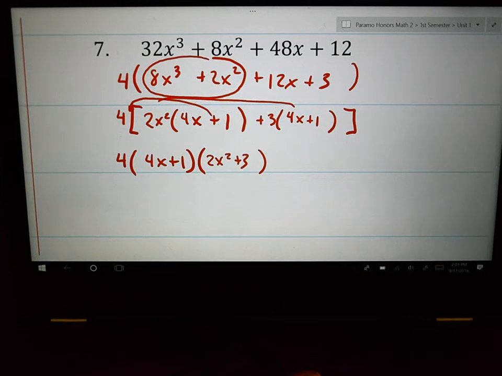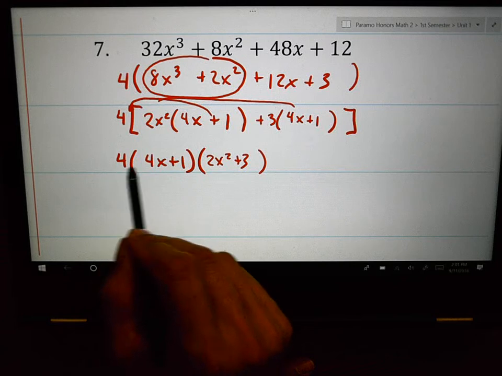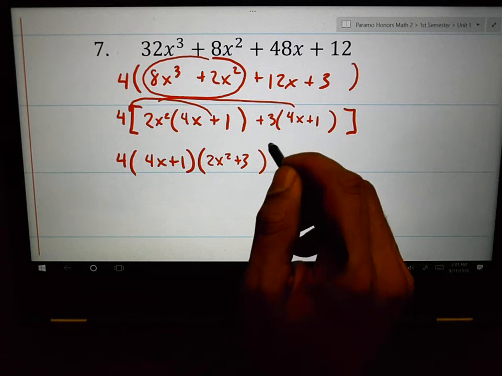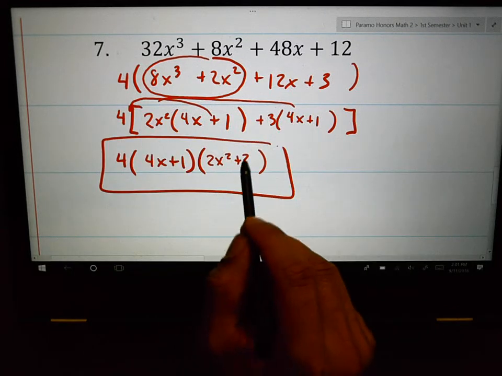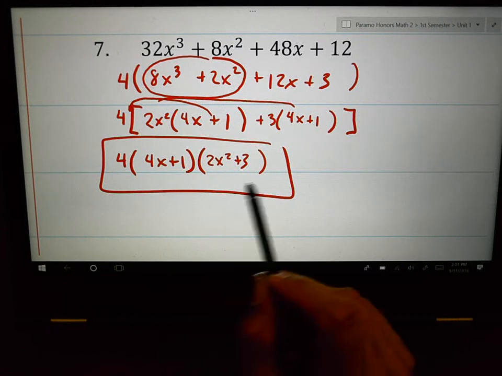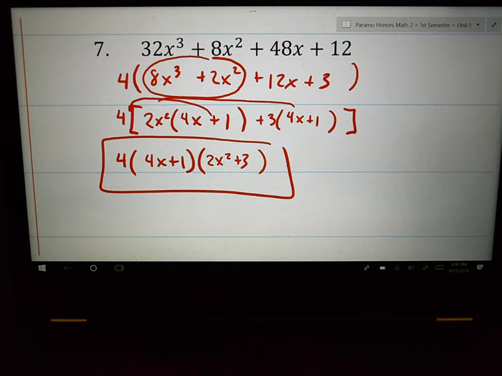I don't need brackets anymore at this point because the 4 is multiplying this, and it's all multiplication. You should double check. Is there a GCF of this? Is there a GCF of that? Just in case. You should also look to see, are there a difference of squares? Because that might happen eventually, the harder that they get.